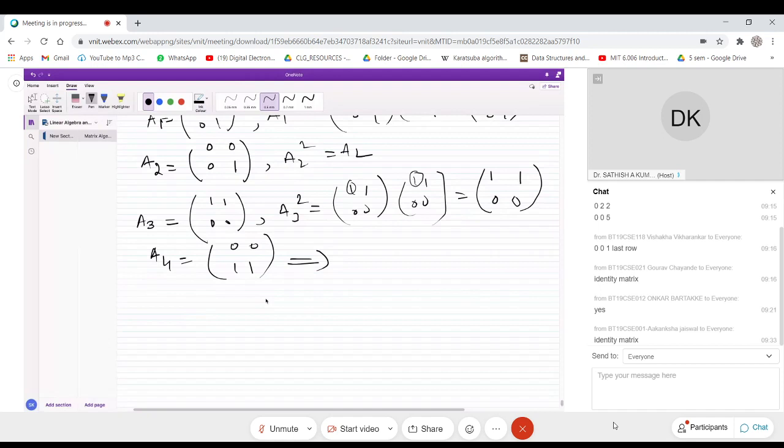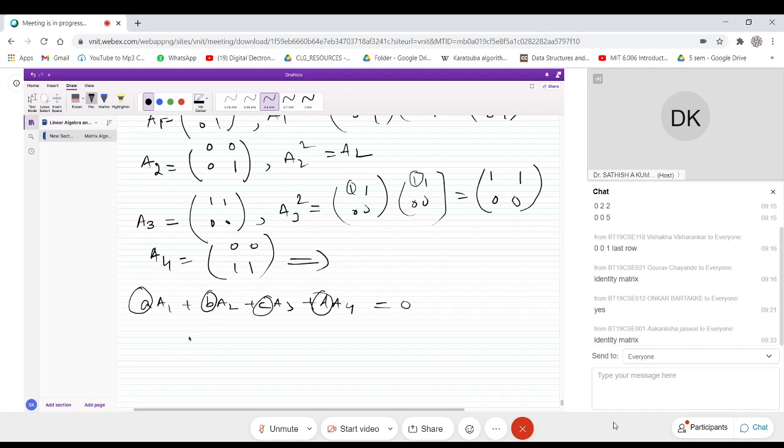You can prove that the dimension will be 4. So we'll show the linear independence first. Linear independence means what? Suppose you take A times A1 plus B A2 plus C A3 plus D A4 equal to 0, and then we have to show that A equal to 0, B equal to 0, C equal to 0, and D equal to 0.